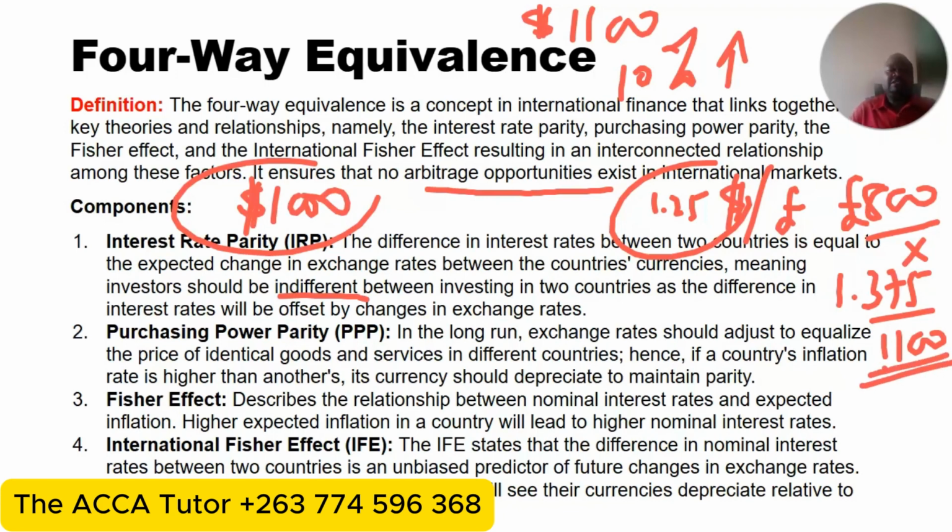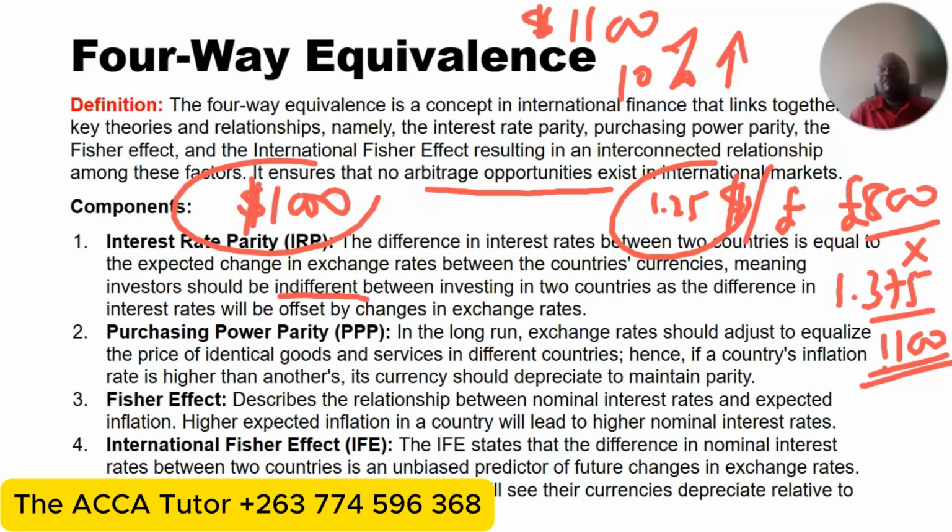This is why purchasing power parity is going to remove whatever arbitrage opportunity exists, because if the exchange rate does not move in line with inflation, then arbitrageurs are going to benefit, because they are going to capitalize on those information asymmetries.